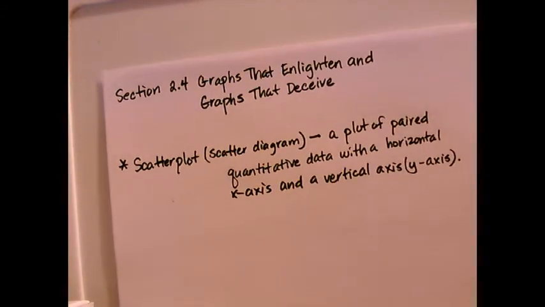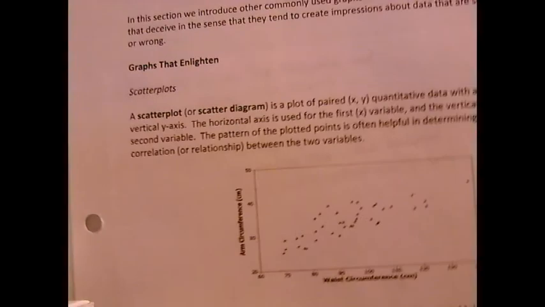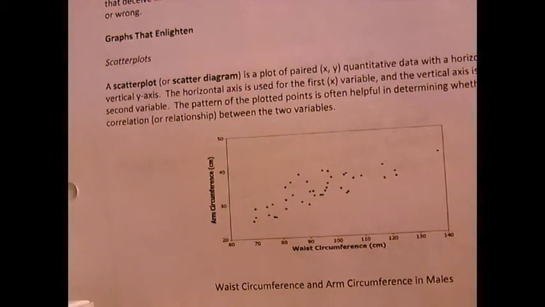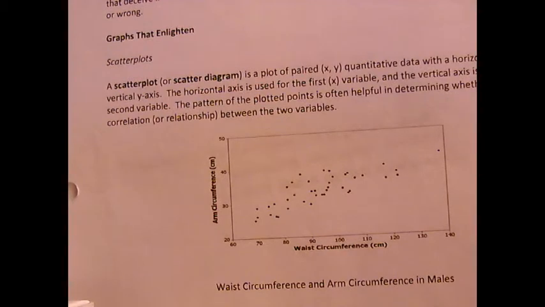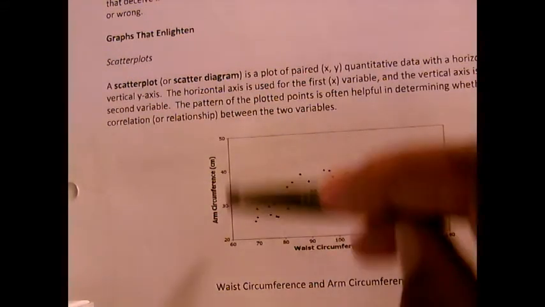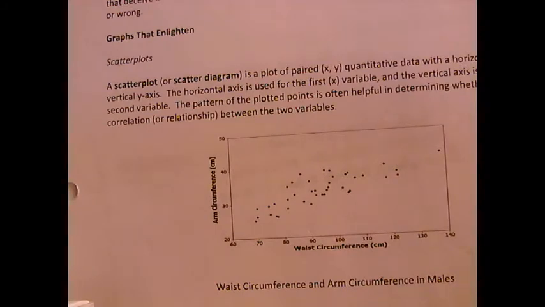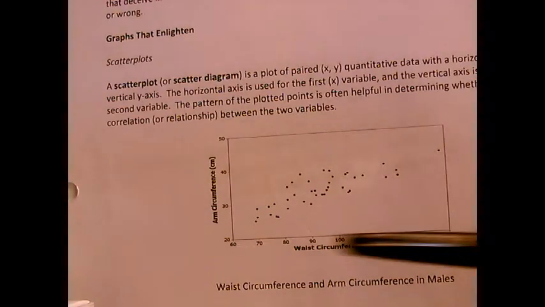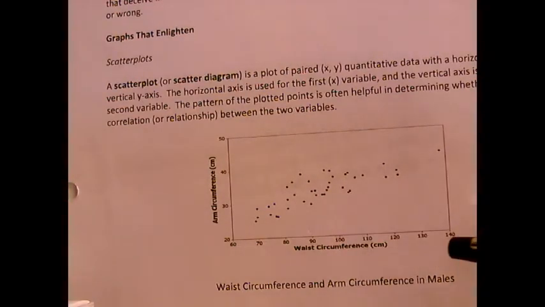Okay, and I'll give you an illustration of what a scatter plot looks like. In this case here, you have points that are scattered about. That's why it's called a scatter plot. In this case here, we're looking at waist circumference and arm circumference. So here we're looking at paired XY data. The x-axis represents the waist circumference in centimeters.